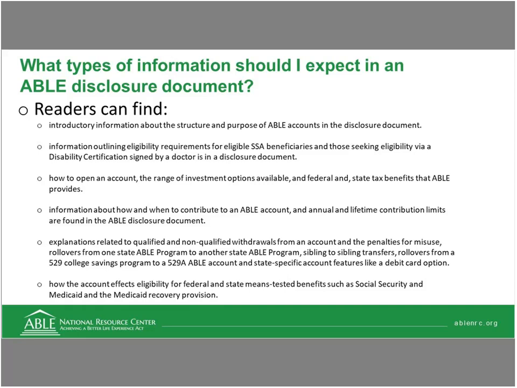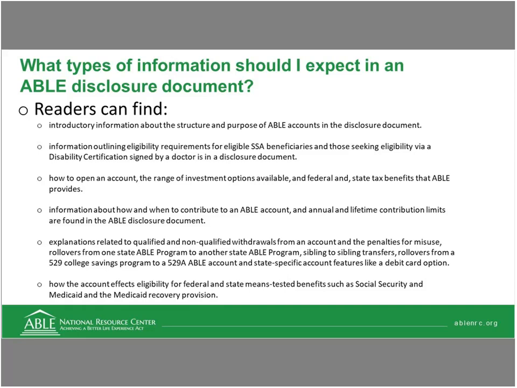You can also expect to find information outlining eligibility requirements related to SSI beneficiaries and those seeking eligibility via the disability certification process that we talked about earlier. They're going to talk about who exactly is eligible and the different avenues by which one might be eligible to open an account.